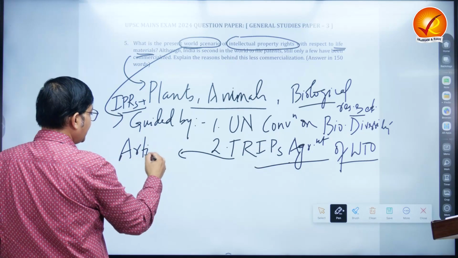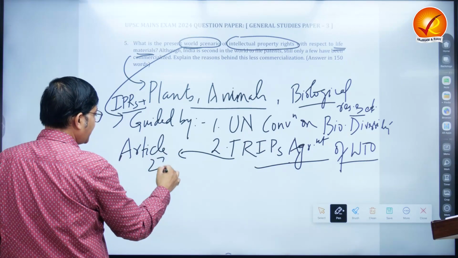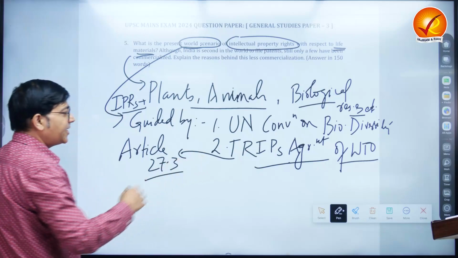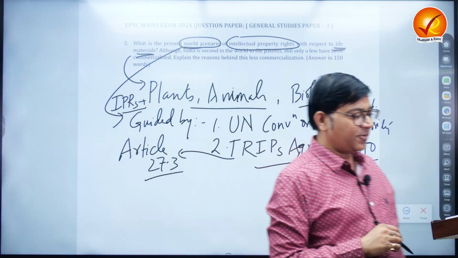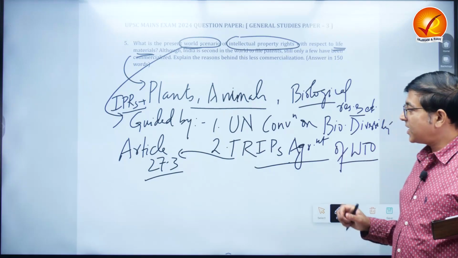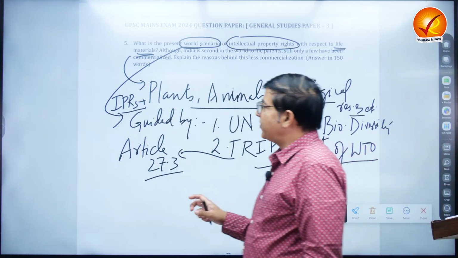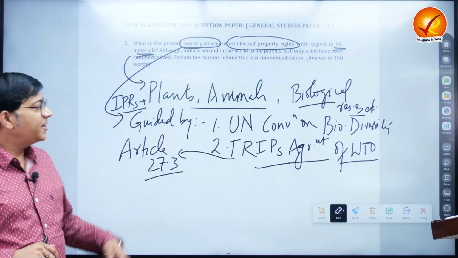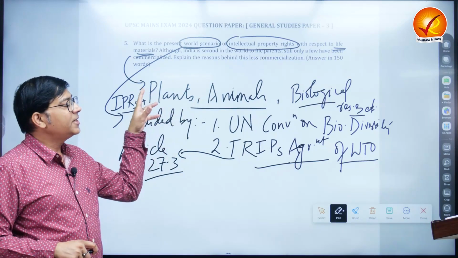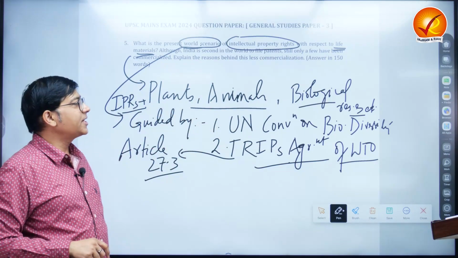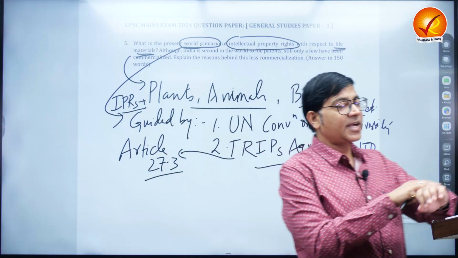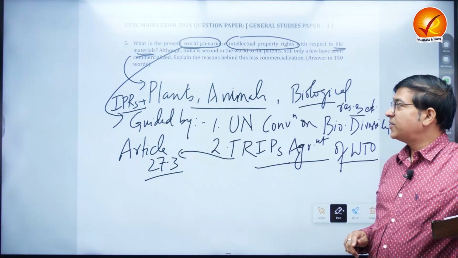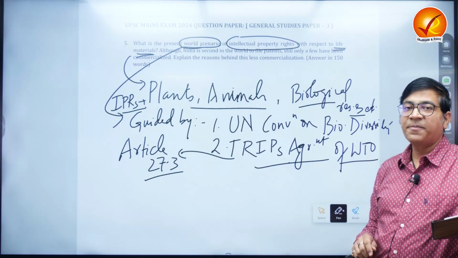For example, Article 27.3 of the TRIPS agreement is linked to plants, animals, or biological resources, etc. Initially, the TRIPS agreement was of the view that we should not go for strict IPR protection of plants, animals, etc. However, things started changing from around the Doha Ministerial of 2001.